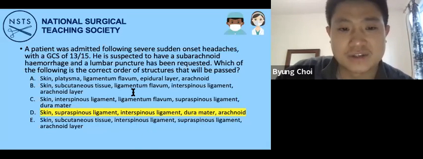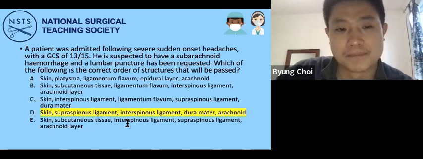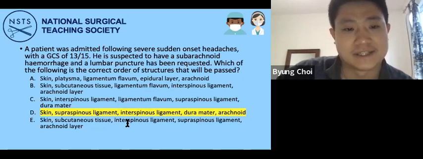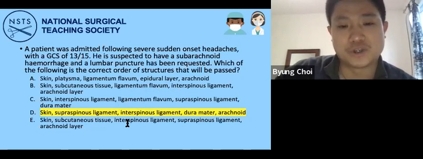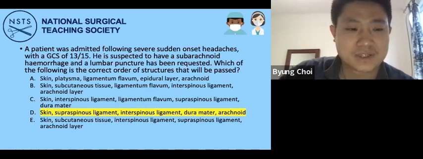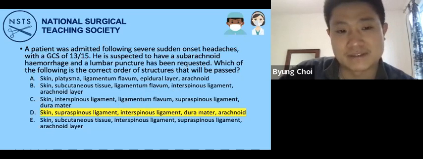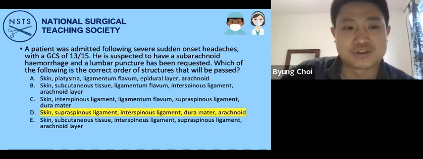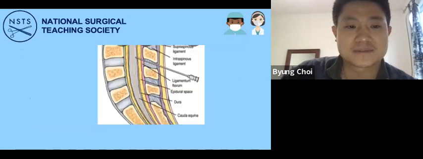So when you look at the remaining, if you can remember the order of the ligaments, then that will help you massively in working it out. And I'm sure all of you are more commonly aware of the layers of the dura mater, subdural layer, and the arachnoid space. So I think for LPs, if you can try to remember the order of the ligaments, then it should help you get the marks.